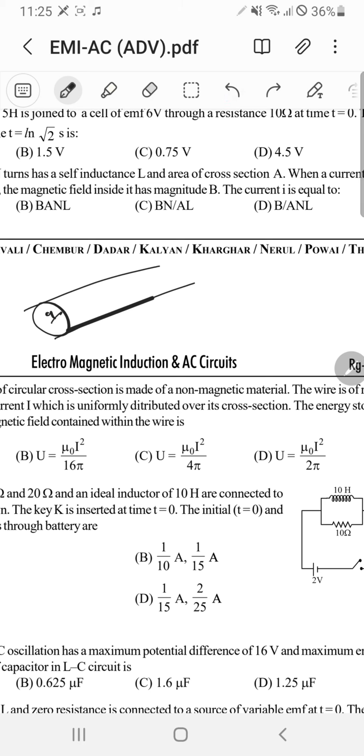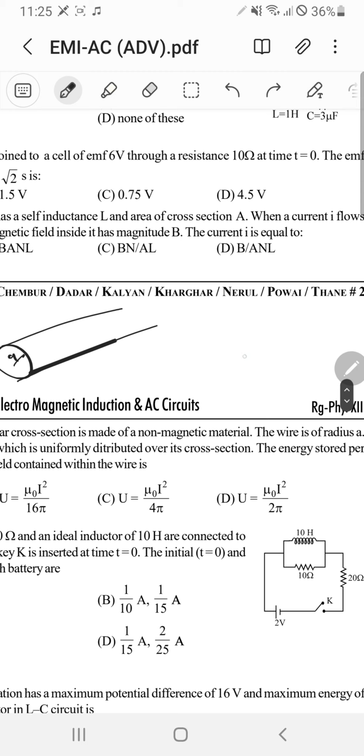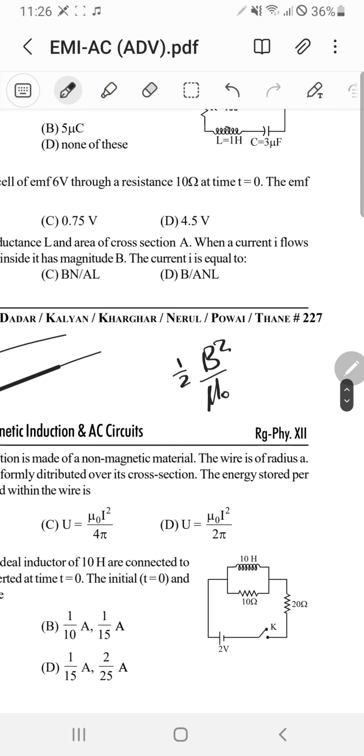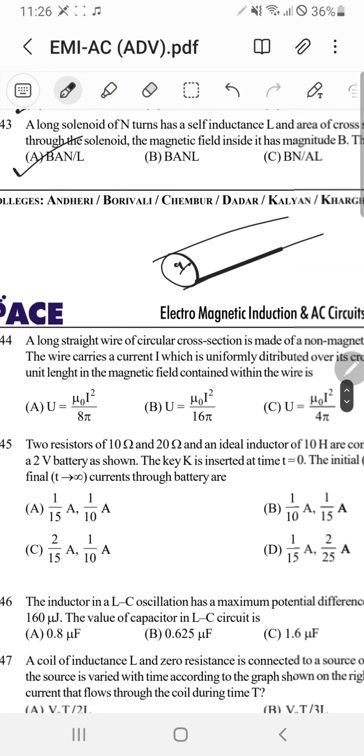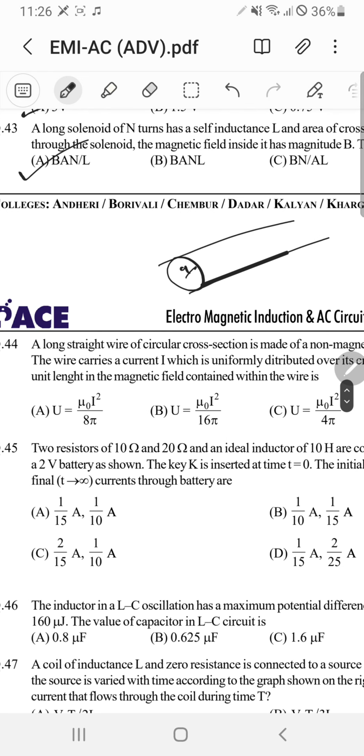Okay, cool. So we know that per unit volume the energy is half B squared upon mu naught. Don't ask me how or why this works, it's just what it is. And it will be contained within the wire.